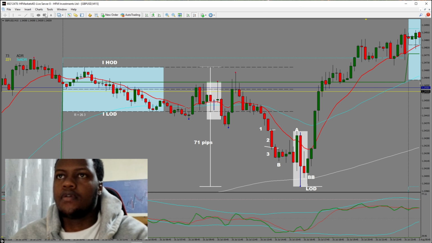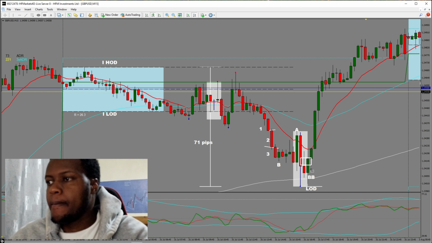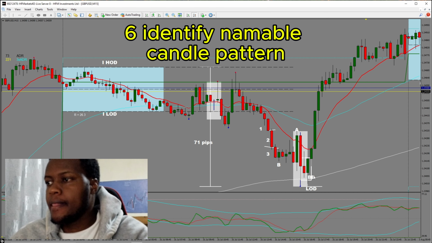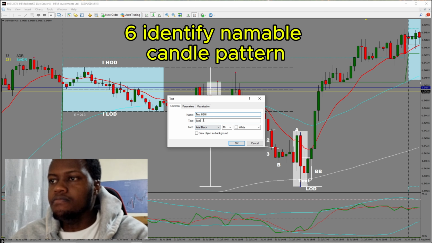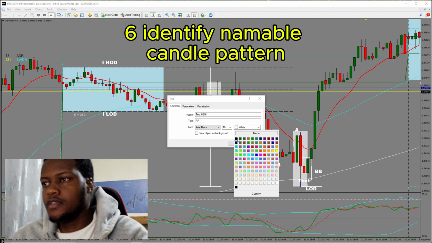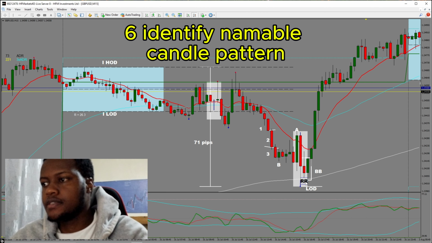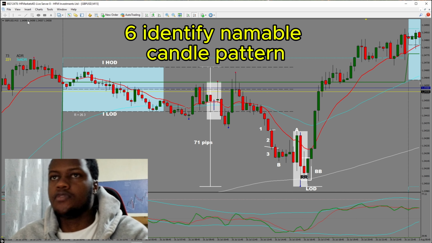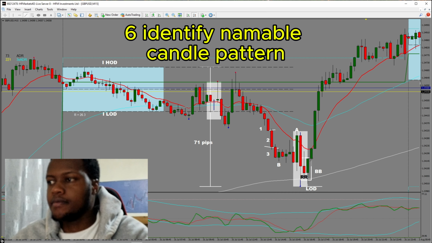And then now a namable candle pattern right here, which is our railway tracks. Use black for that. So we have railway tracks, so your entry can be right here.